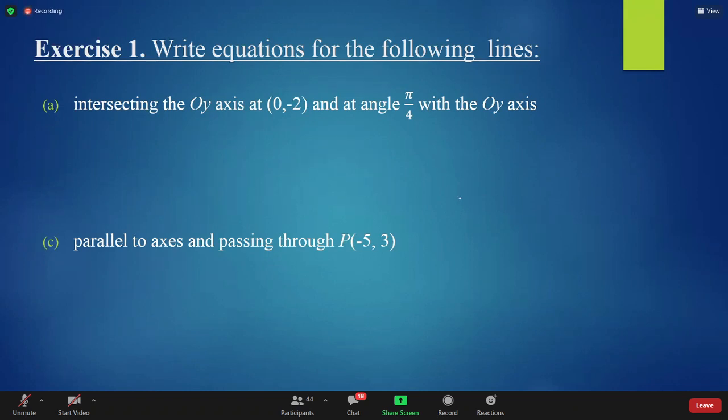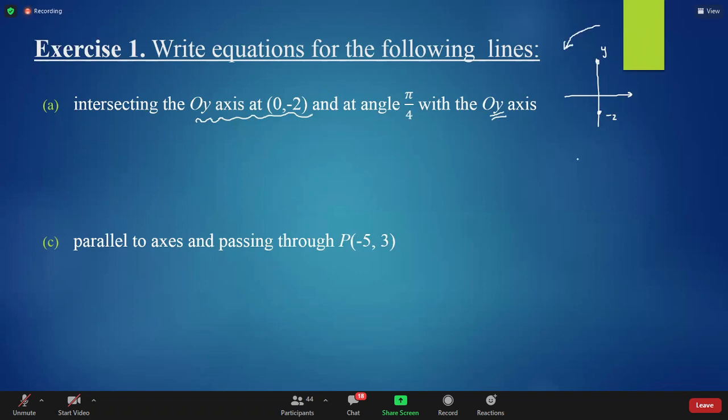So intersecting the y-axis at this point, let's imagine what is going on. On the y-axis, at the point 0, minus 2, that would be this one on the y-axis, and angle pi over 4, 45 degrees with the y-axis. Remember that in geometry and in trigonometry, this is the positive direction.